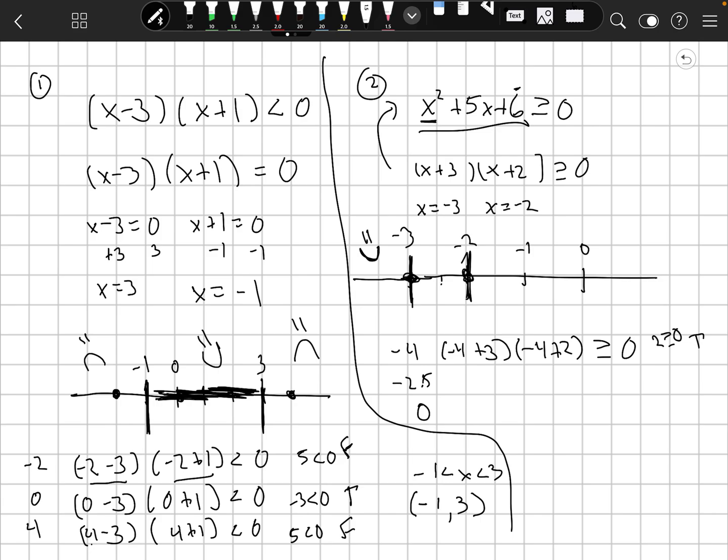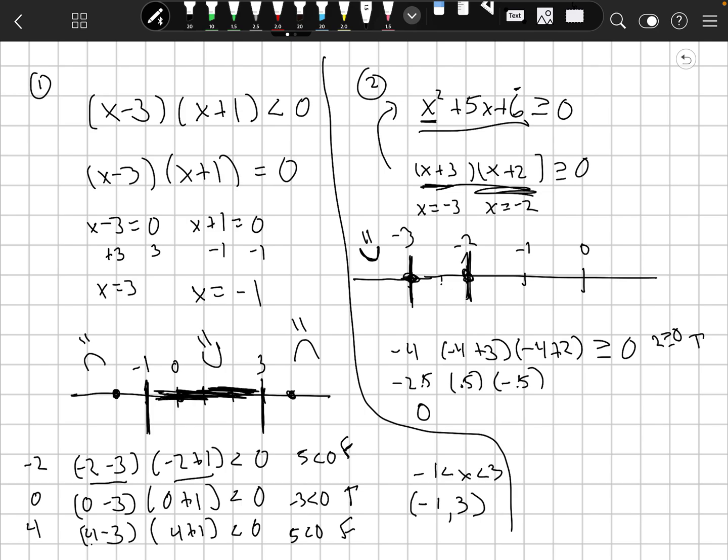And negative 2.5. Again, we're plugging it in right up here. Negative 2.5 plus 3 is 0.5. And negative 2.5 plus 2 is negative 0.5. And so we times these together.